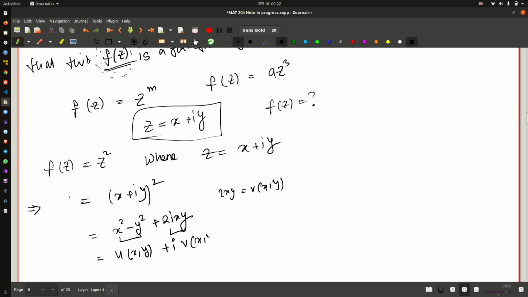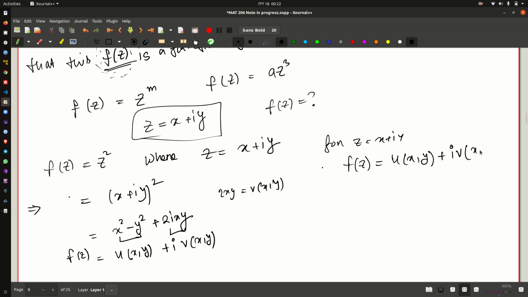So in general, this thing also holds. That means for this representation, you can write this function of a complex variable in terms of x and y, such that there is this real part and there is this imaginary part.